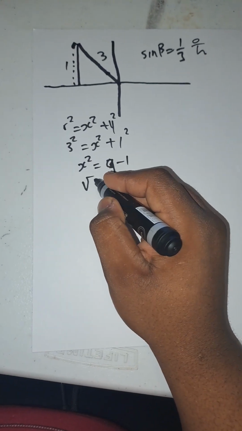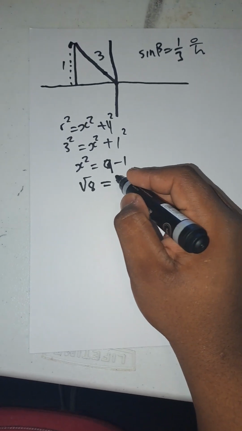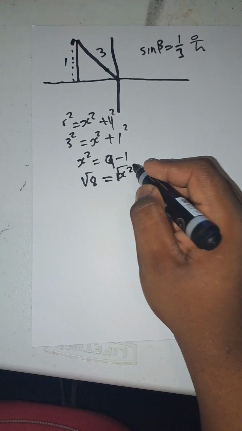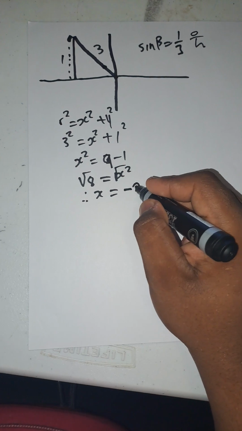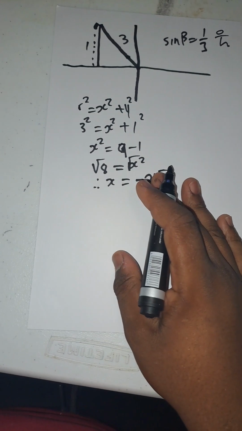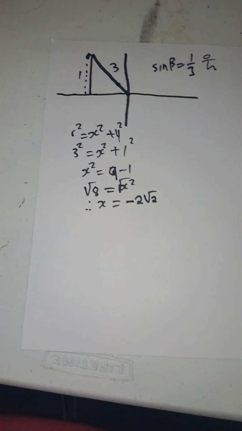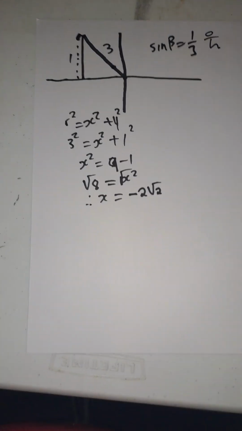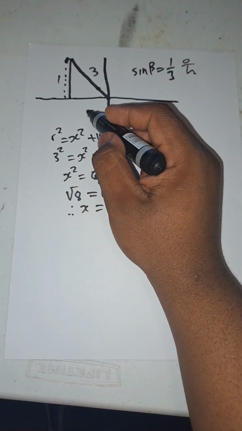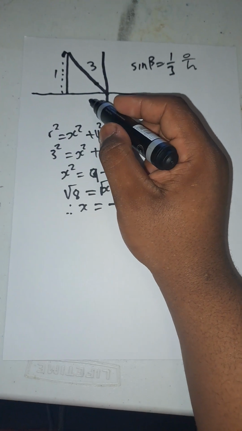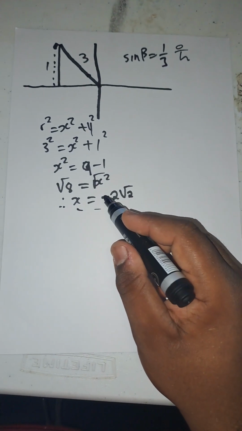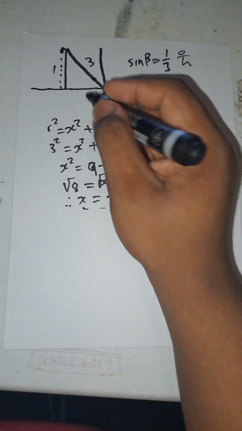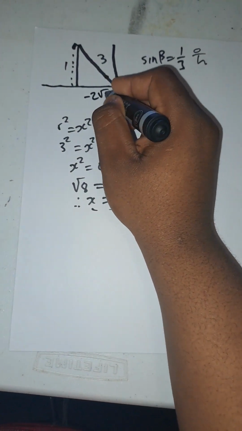So the square root of 8 is equal to x. So therefore x is equal to what? Negative 2 root 2, because this x value is in the second quadrant, and in the second quadrant the x values are negative. That is why I'm saying negative there. So it is negative 2 root 2.